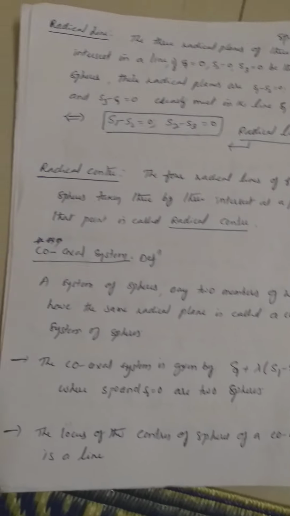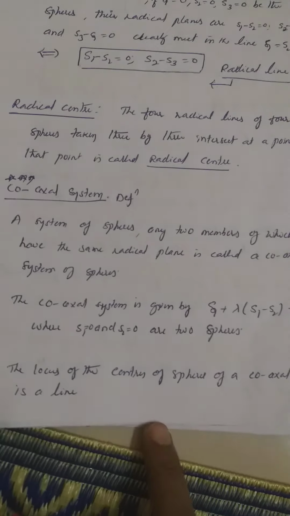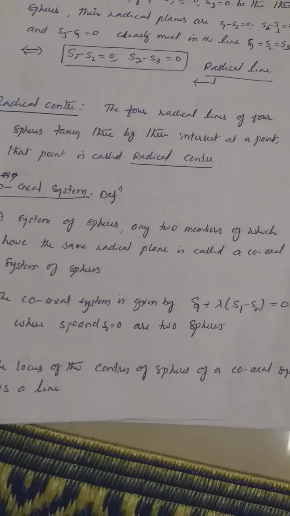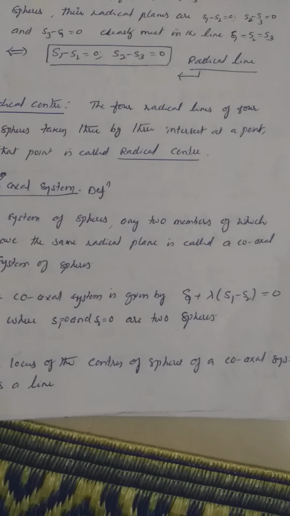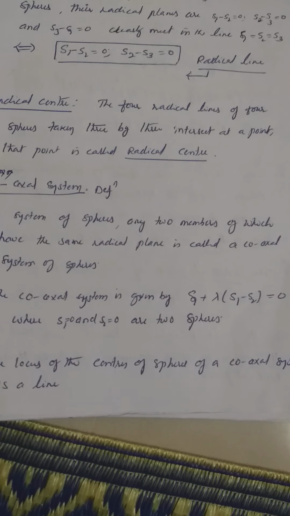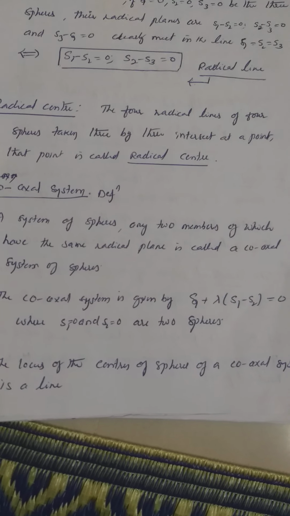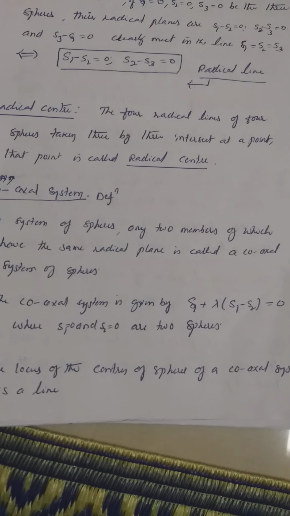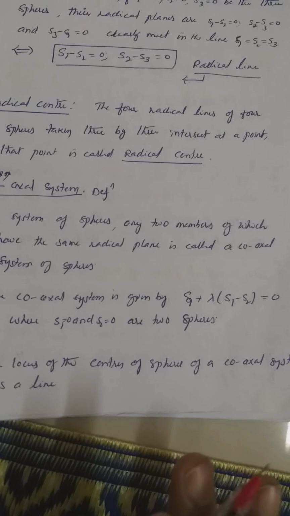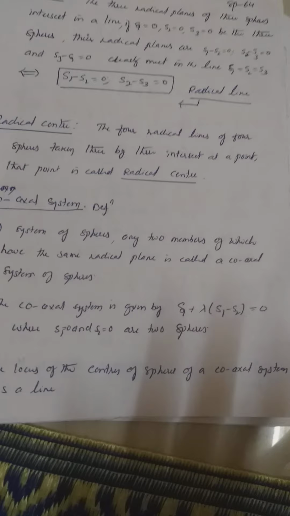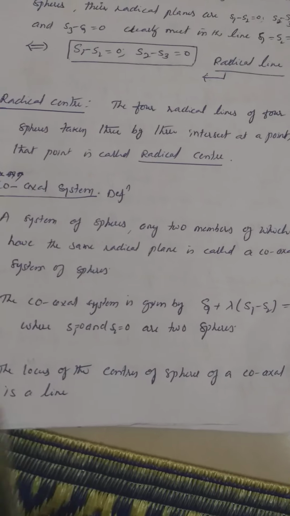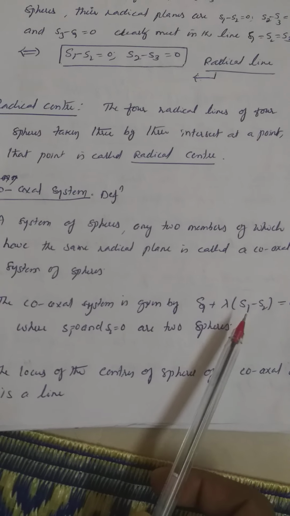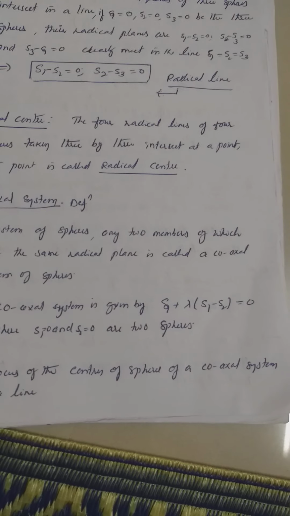Now here, two spheres are given to you, say S1 is equal to 0, S2 is equal to 0. Now you have to find the coaxial system of spheres. Simply, first sphere plus lambda into difference of two spheres is equal to 0. That means S1 plus lambda into (S1 minus S2) is equal to 0.